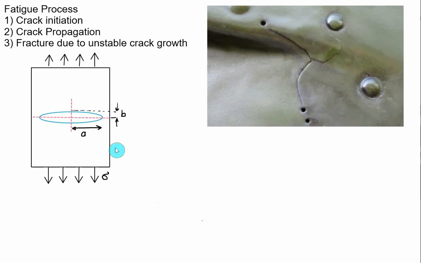In this case we can calculate the stress concentration factor, and we know the theoretical stress concentration factor Kt is equal to 1 plus 2 times the dimension perpendicular to the stress, A divided by B. And we know Kt is equal to sigma maximum divided by the nominal stress. So the maximum stress produced will be equal to 1 plus 2 times A divided by B multiplied by the nominal stress.